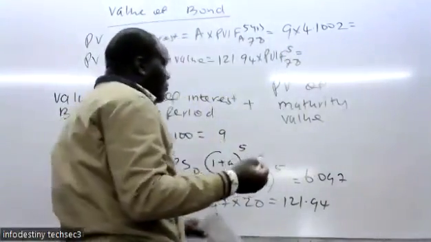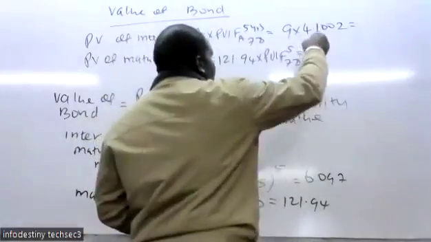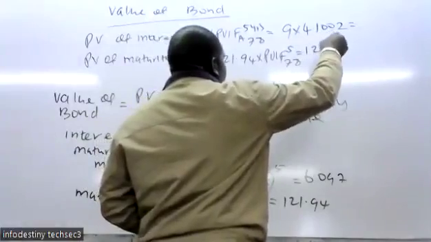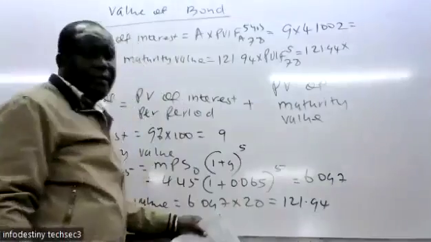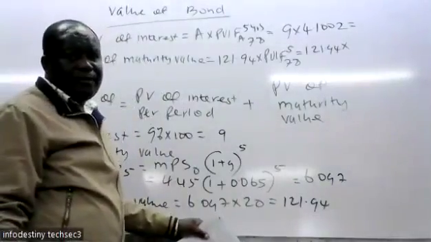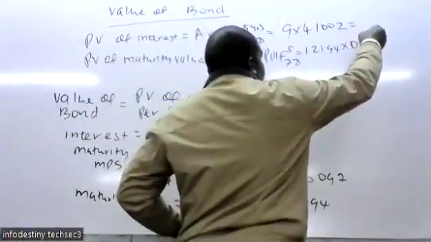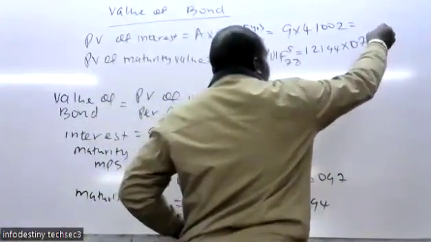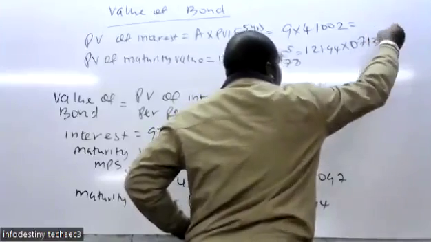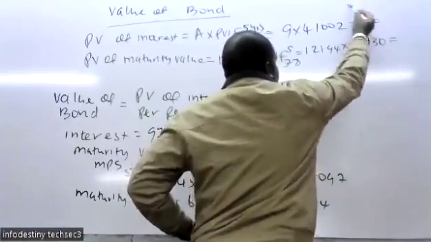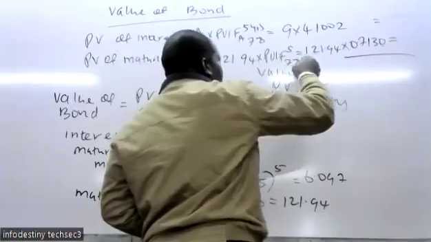This time we use the first table because it occurs only once. So when you check in the first table, it is 0.7130. Now add them together to get the value of the bond.